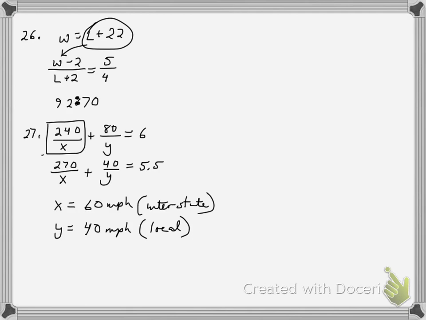Okay, I'm kind of blasting over this for you. Let me just show you where this comes from. Remember, our general equation is going to be rate times time equals distance. If I solve for time, time would equal distance over rate. And that's what we have here and here.